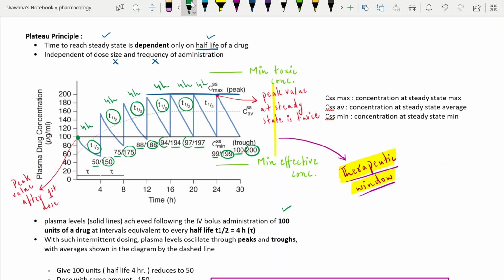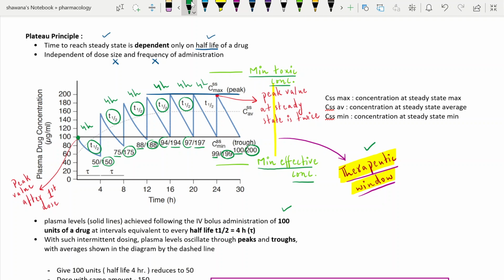The goal here is to maintain the amount of the drug below the minimum toxic concentration, so it does not reach the minimum toxic concentration, and above the minimum effective concentration. And what is this called? This is called the therapeutic window, in which the drug is going to show us its pharmacological actions, right?